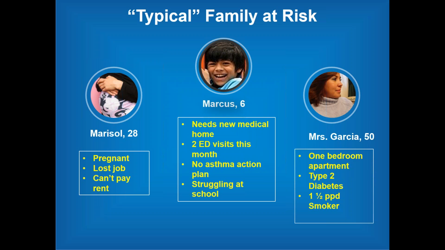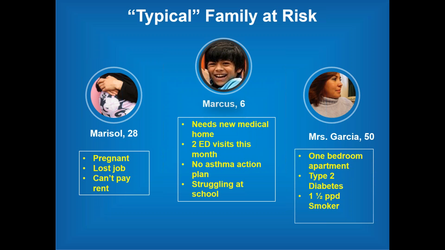So no follow-up with the primary care pediatrician, no asthma action plan, no medications. And as that community health worker goes into the home and tries to provide asthma education, she finds that Marcus's mom is pregnant, has been very ill.